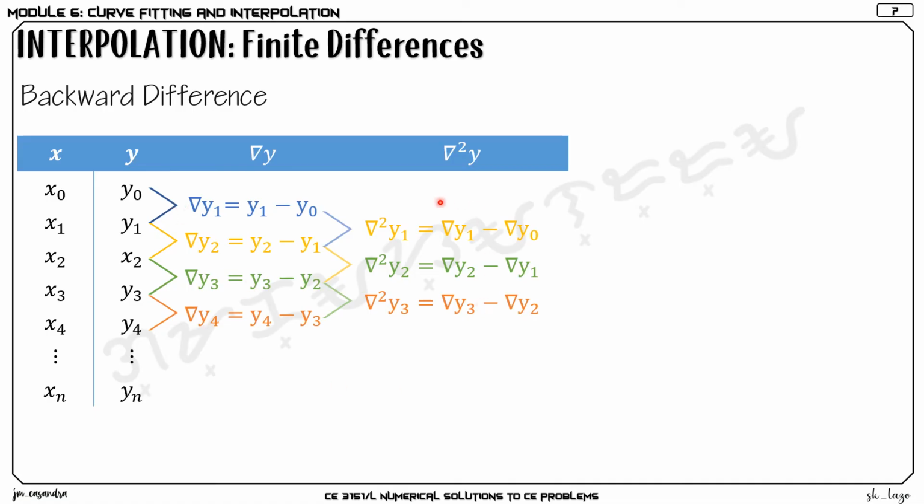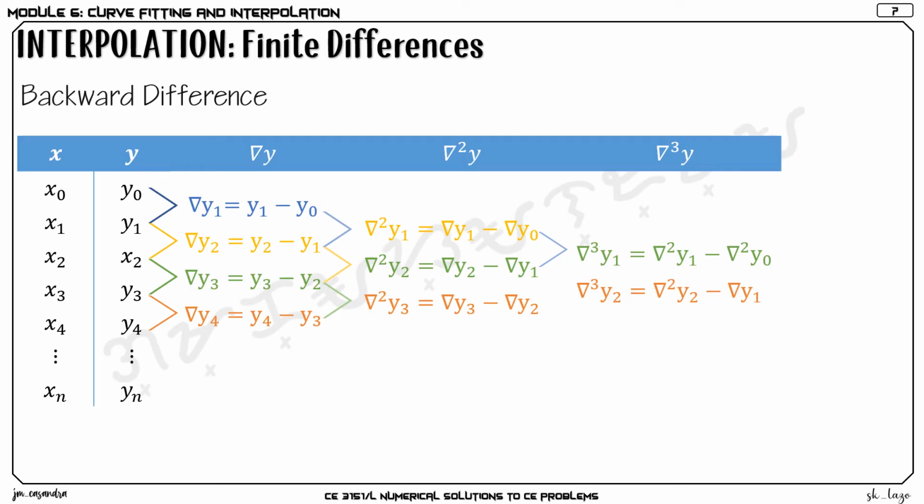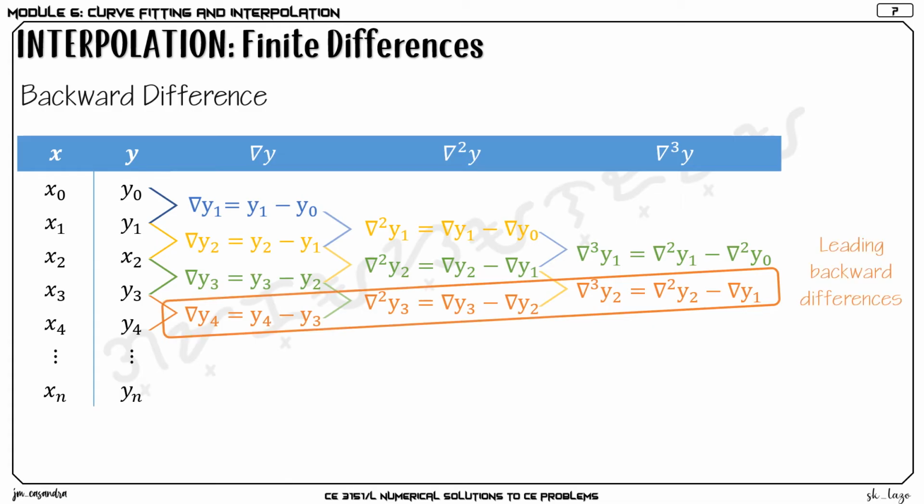And again, taking the difference of the second backward difference, we get nabla cubed of y, wherein nabla cubed y1 is equal to nabla squared y1 minus nabla squared y0, and nabla cubed y2 is equal to nabla squared y2 minus nabla squared y1, wherein the last terms or the last difference in the table would be what we call your leading backward differences.